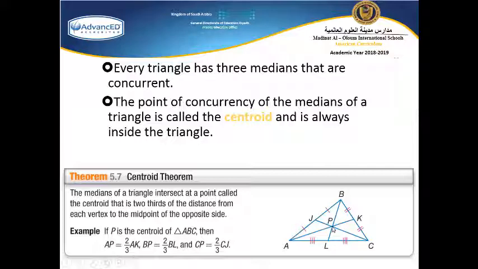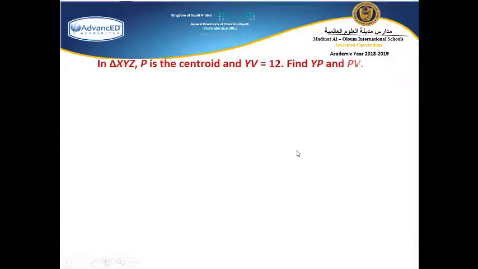This centroid is 2/3 of the distance from the vertex to the opposite side. That means BP equals 2/3 BL, and CP equals 2/3 CJ, AP equals 2/3 AK.